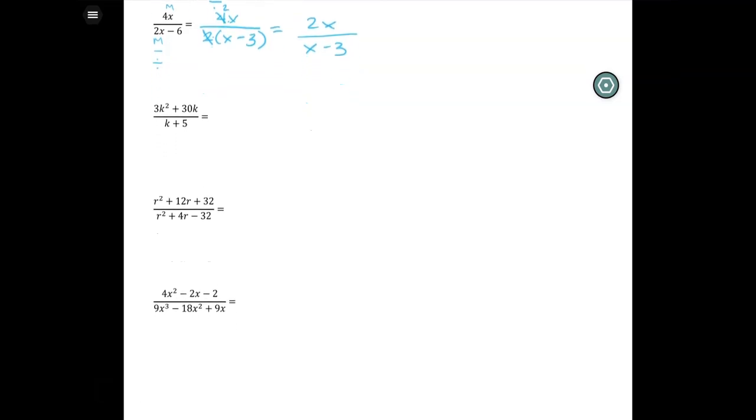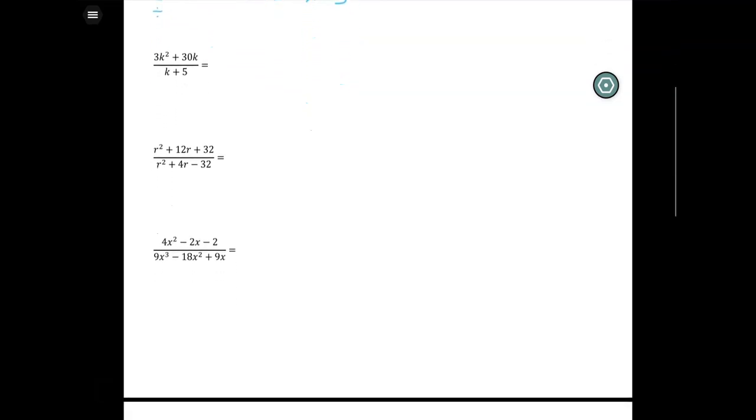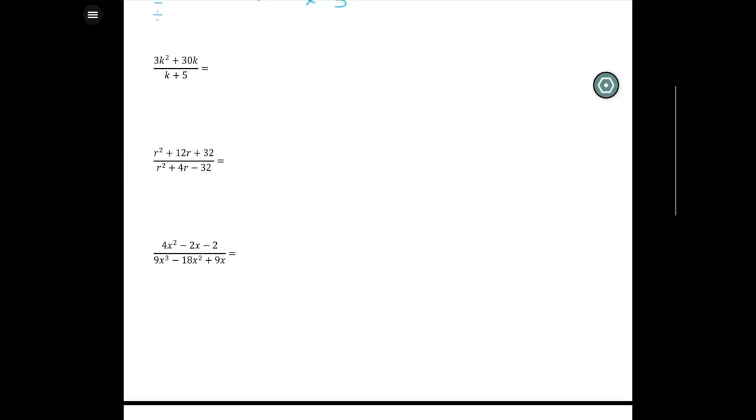Next one, 3k squared plus 30k over k plus 5. Again here, if we were going through PEMDAS, the parentheses force us to go first multiplication on the top, then the addition, subtraction, just addition in this one, and then the last step is the division.